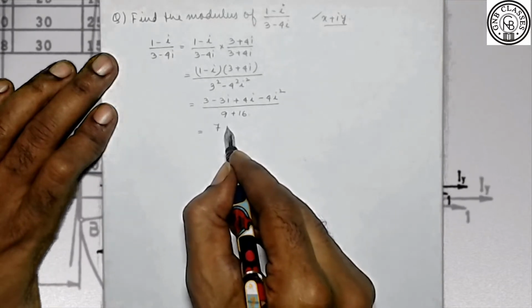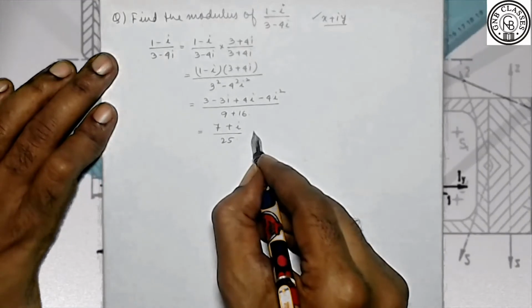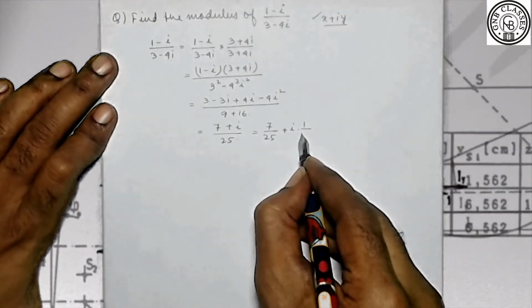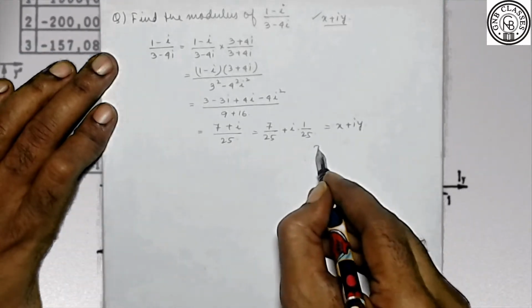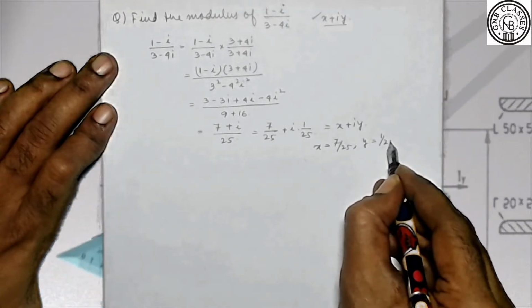So (7 plus iota) by 25. Is it clear? So this is 7 by 25 plus iota 1 by 25, which is in the form of x plus iota y, where x is 7 by 25 and y is 1 by 25.